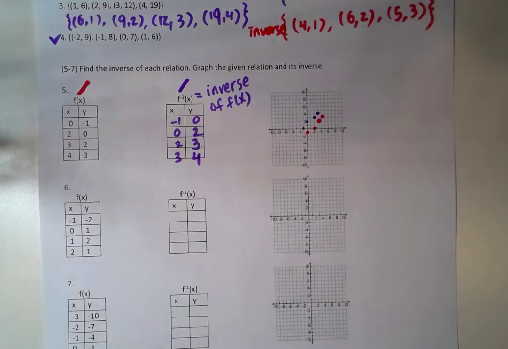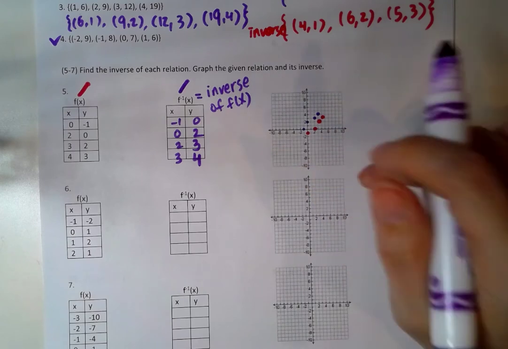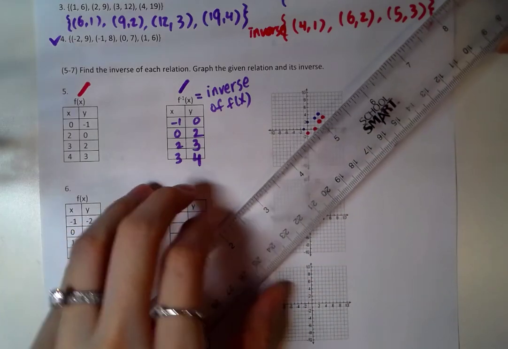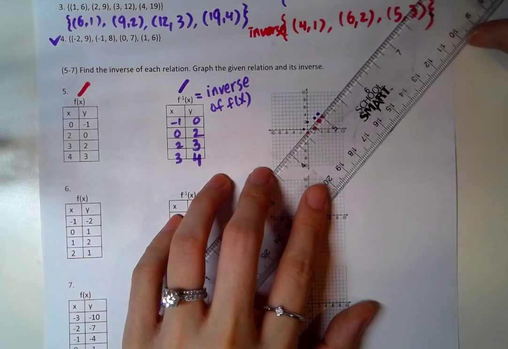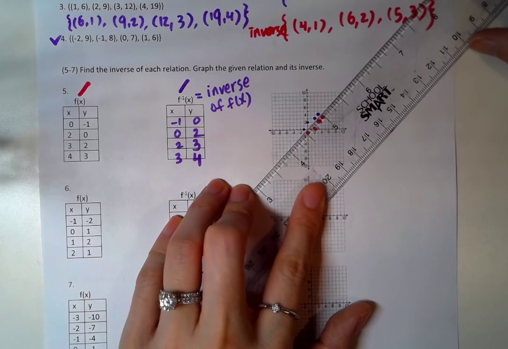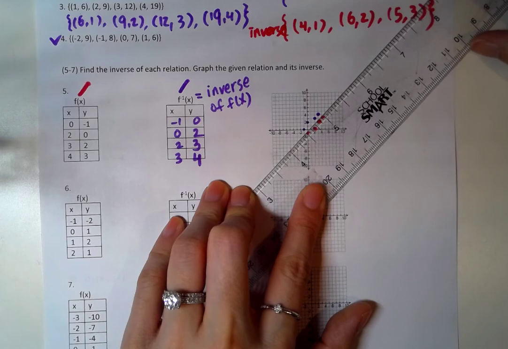So I have this. Because the graph is so small and we have only a couple points, it's not clear. But you know what? I'm going to draw a line for you. So if I draw y is equal to x, the diagonal line, right? If I draw that, I will show you something.